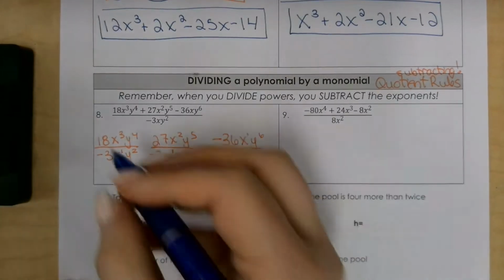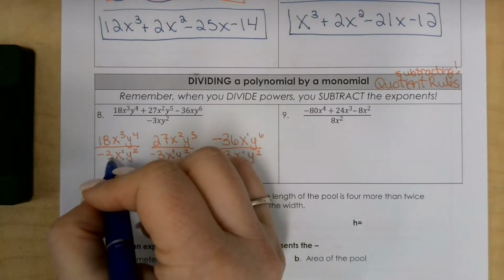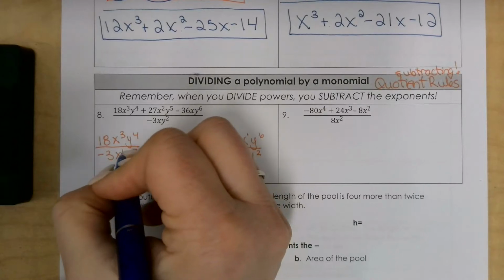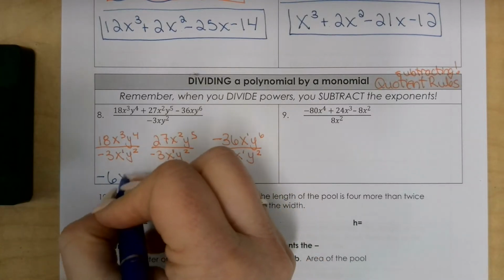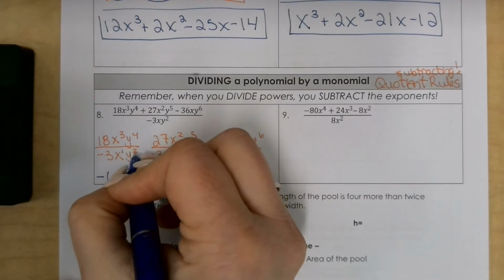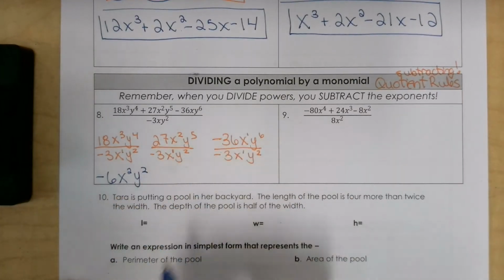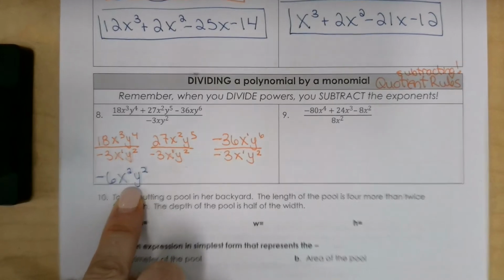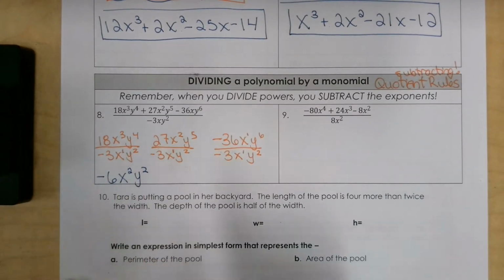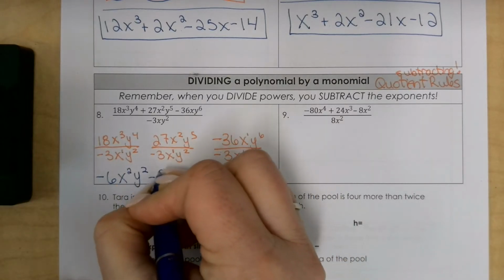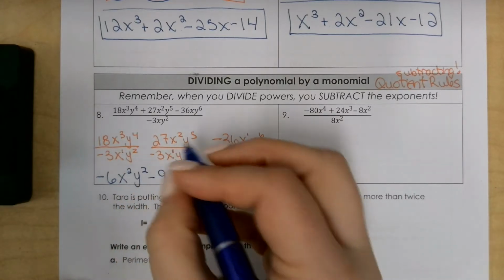So let's do some subtracting and dividing. 18 divided by negative 3 is negative 6. 3 minus 1 is 2. 4 minus 2 is 2. So my first term will simplify to negative 6x squared y squared. 27 divided by negative 3 is minus 9. 2 minus 1 is 1.